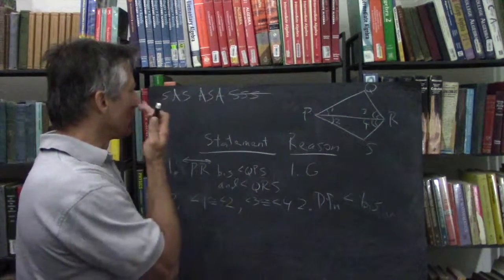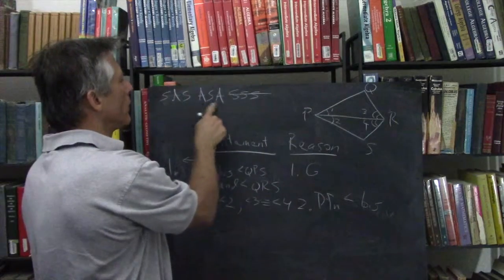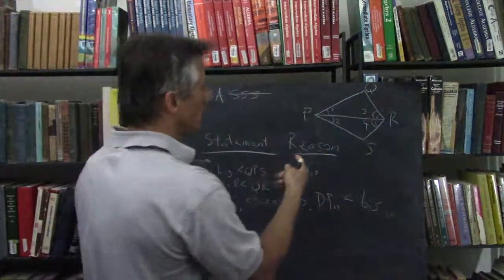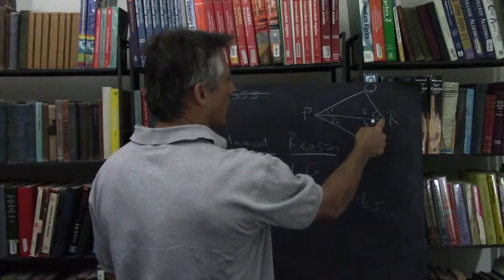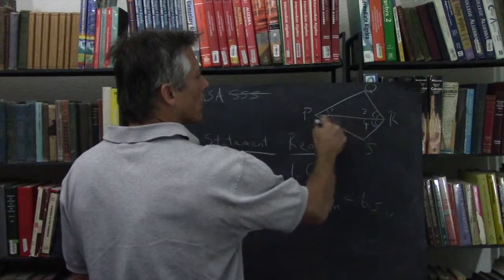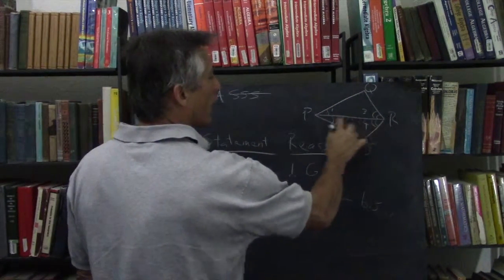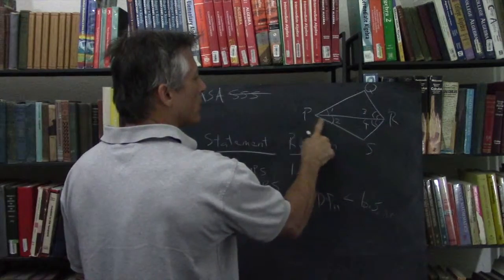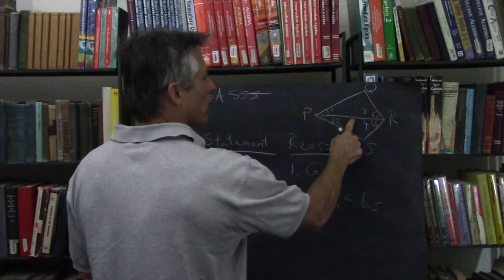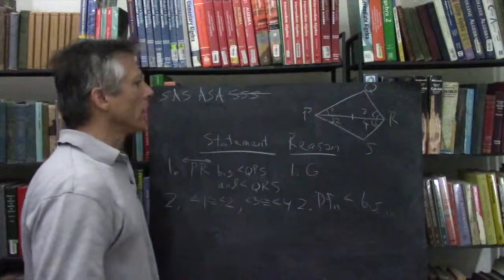We got two angles. So if we got the side included between the two angles, then maybe we can use this one. And let's see, sure enough, this angle and this angle share this side. So angle 1's here, angle 3's here, and this side is in each of them. Same thing with 2 and 4. They share this, so sure enough, we can use that side.